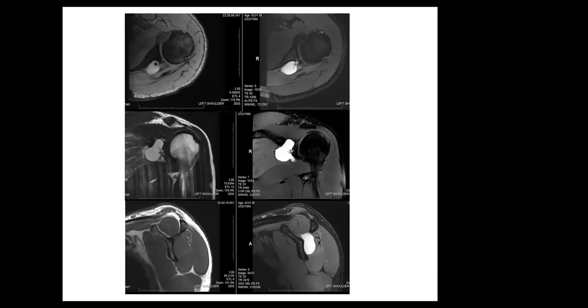Okay, so we have a large cystic fluid signal intensity structure that fills the spinoglenoid notch. I can't see any defect or any relation to the adjacent labrum. Maybe a ganglion cyst.